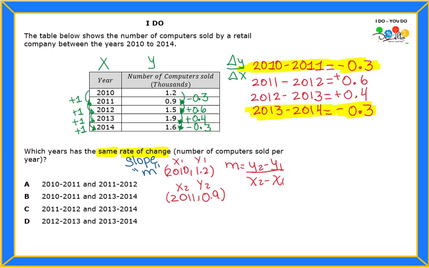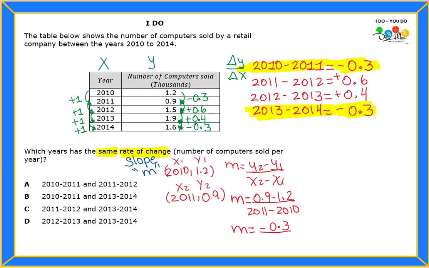What we're trying to do is see if I really get that answer, negative 0.3. Y sub 2 is 0.9 minus 1.2 over 2011 minus 2010. And I will get, on the numerator, negative 0.3.